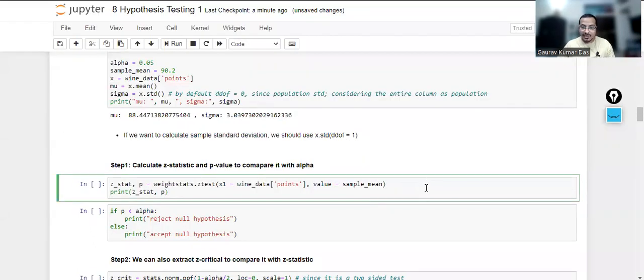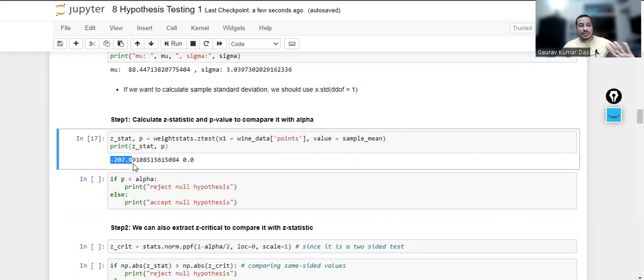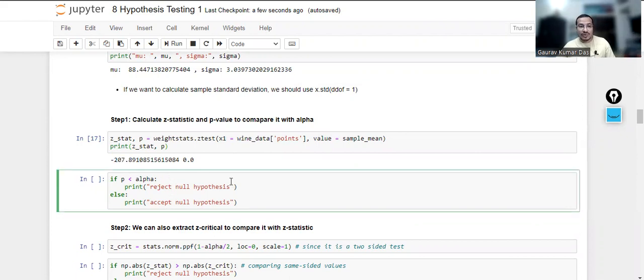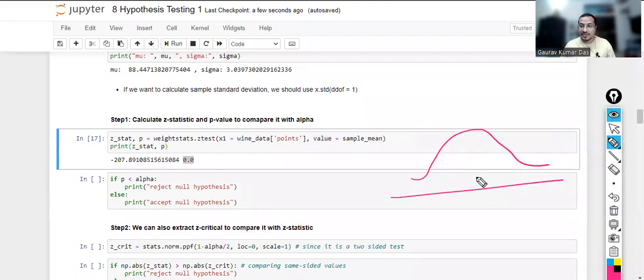Okay, so once I have that, I get the Z stat as -207, which is very, very towards the end, right? So obviously here my p-value will be very much less than alpha. See, it's 0.0. So what does it basically mean? If you want to visualize this, it will look something like this.